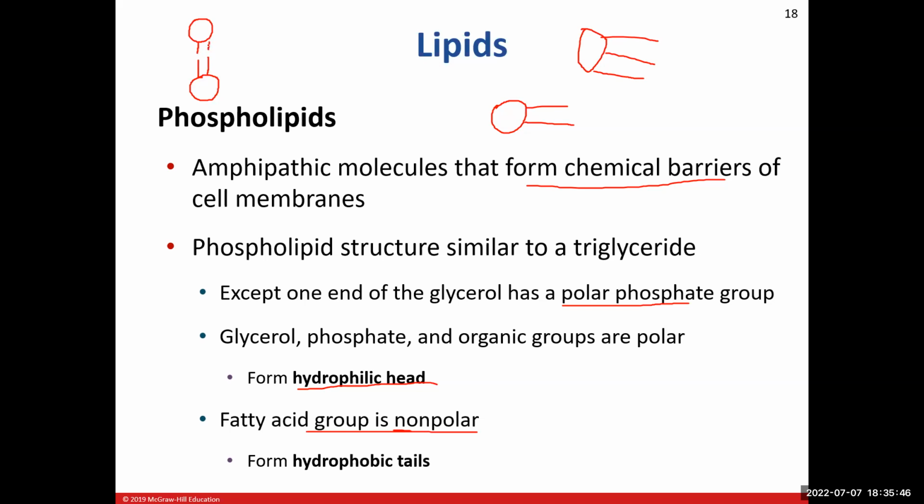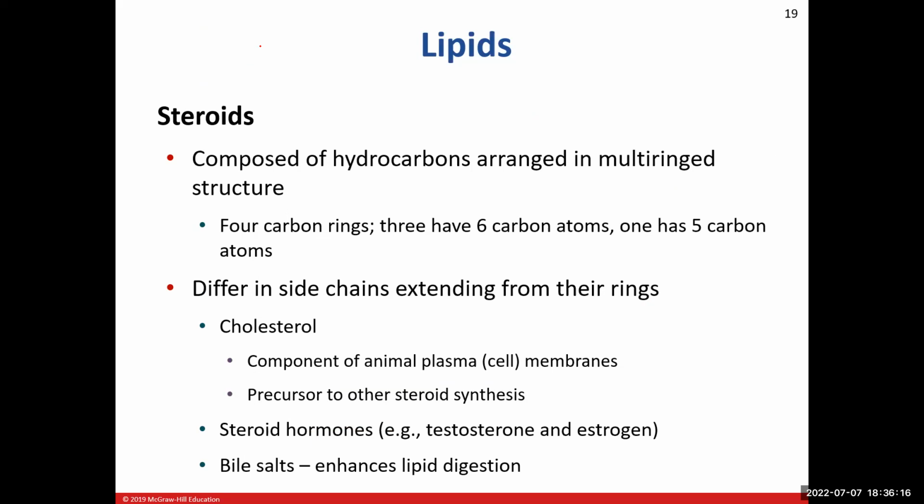Now, I'm not going to take the time to draw more of these, but that's the phospholipid bilayer. The heads are going to be exposed to the internal and external environments of the cell. Now, the fatty acid part, the tails, those are nonpolar, and so those are hydrophobic, water-fearing. So they're not really going to be exposed to the water, so we keep them on the inside of our bilayer, so you never have to worry about it.